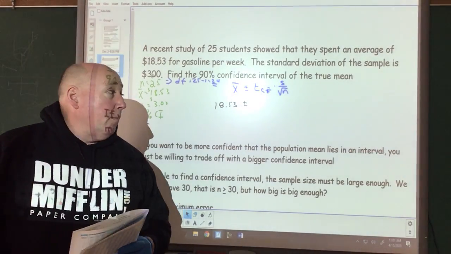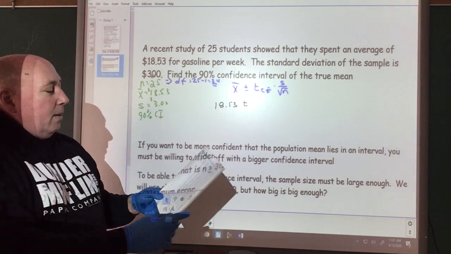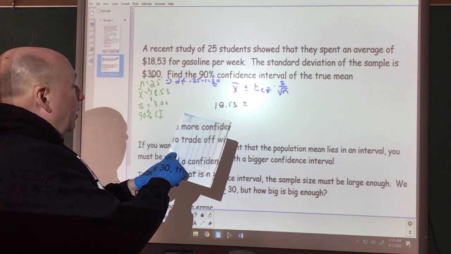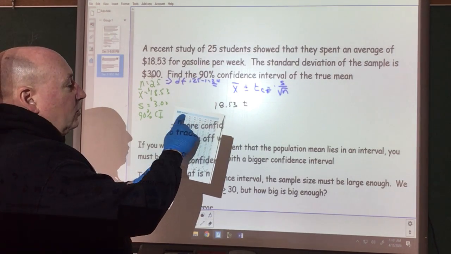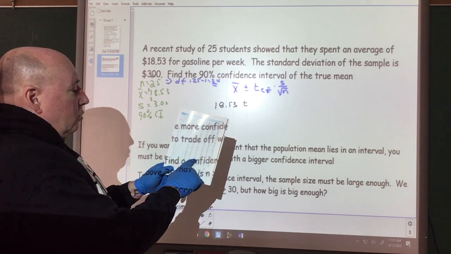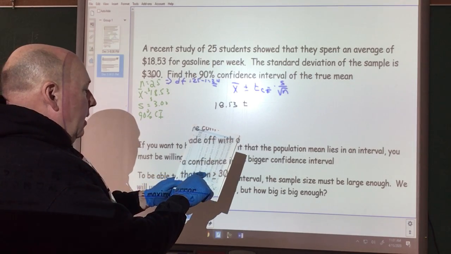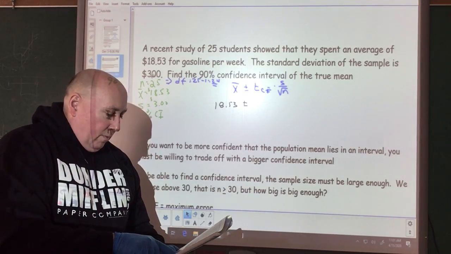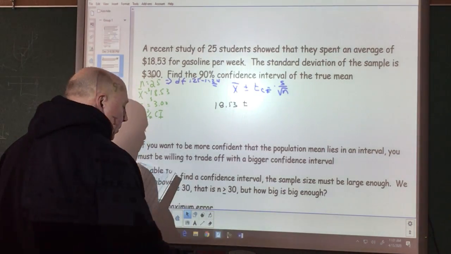Now we go to my table. My degrees of freedom is 24, so along my left-hand side, I'm going down to 24. And you could do this either way. I have a 90% confidence interval, so I can go over my 90% and scroll down to a degrees of freedom of 24, and I should get 1.711.